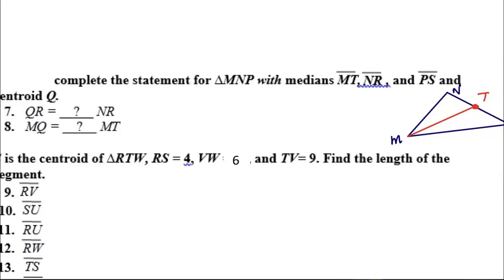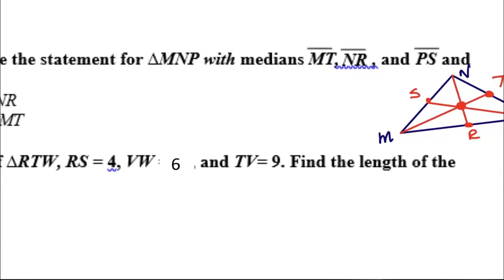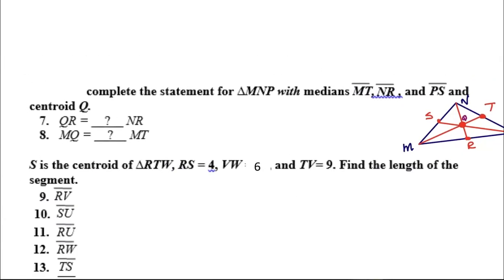And NR, so that means that R has to be the midpoint here. So here's NR. Okay, and then PS, so S has to be here, and I'm going to draw from the vertex there. Okay, and centroid will make that kind of a pink. That's going to be the Q. Okay, that's going to help me tremendously.